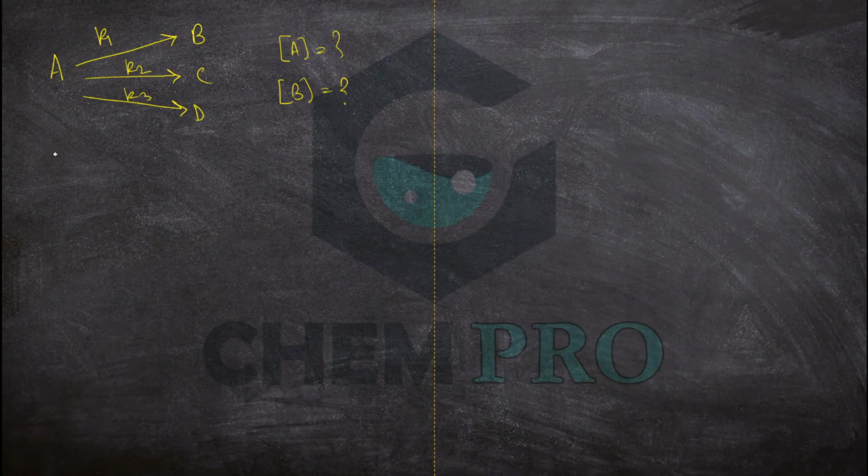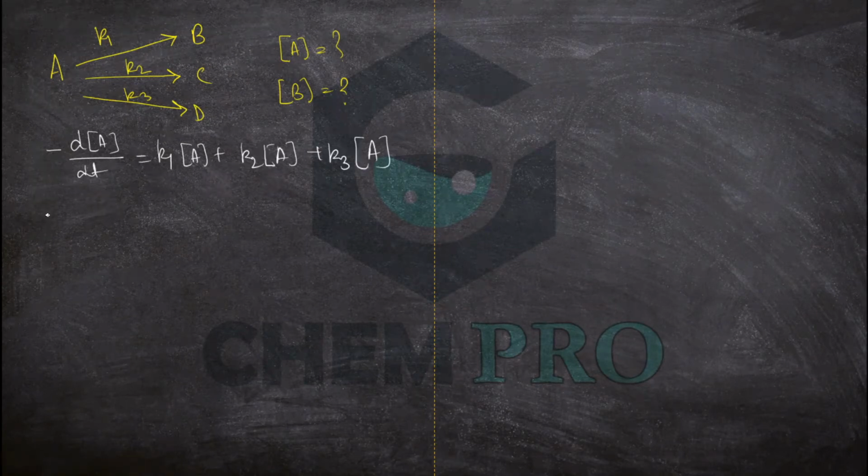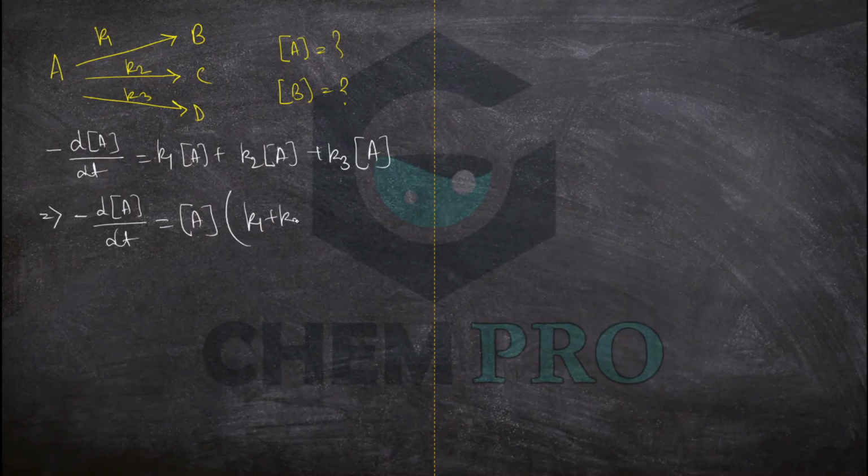For this we can write the consumption of A: minus dA by dt equals K1A plus K2A plus K3A, and from this we can write minus dA by dt equals A into K1 plus K2 plus K3.